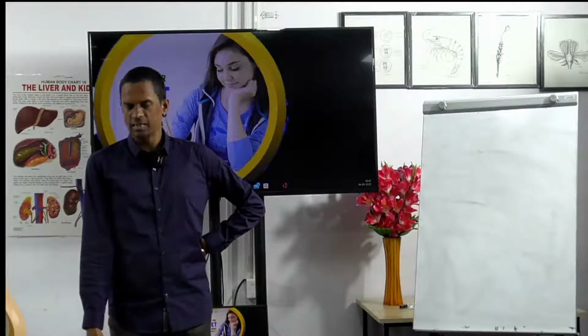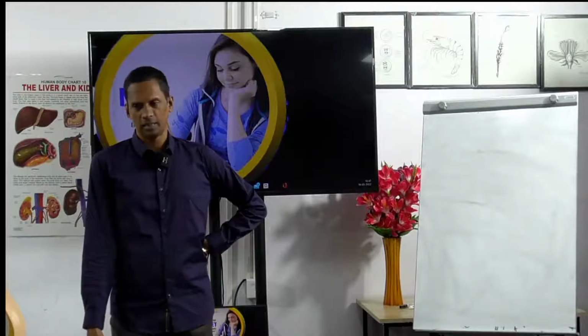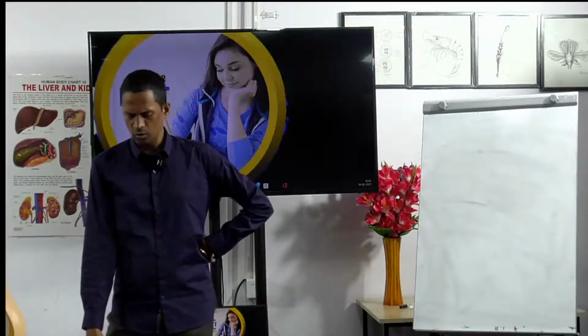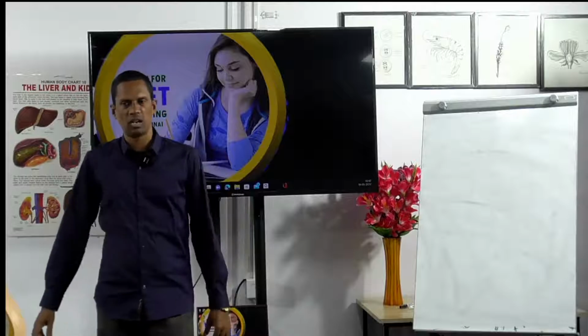So the piece of conductor here refers to what? Copper. A piece of copper is subjected to changing magnetic flux.